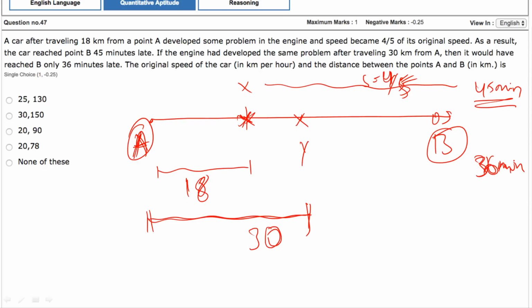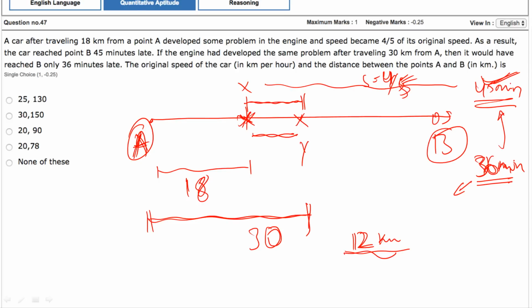Now, can I clearly say that it means this 12 kilometers, in the second scenario, is traveled at the correct speed, and in the first scenario, this 12 kilometers was traveled at the reduced speed, right?